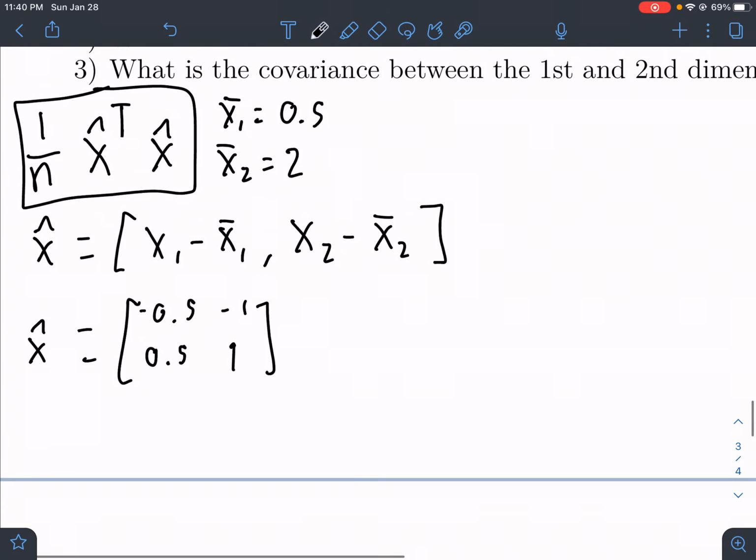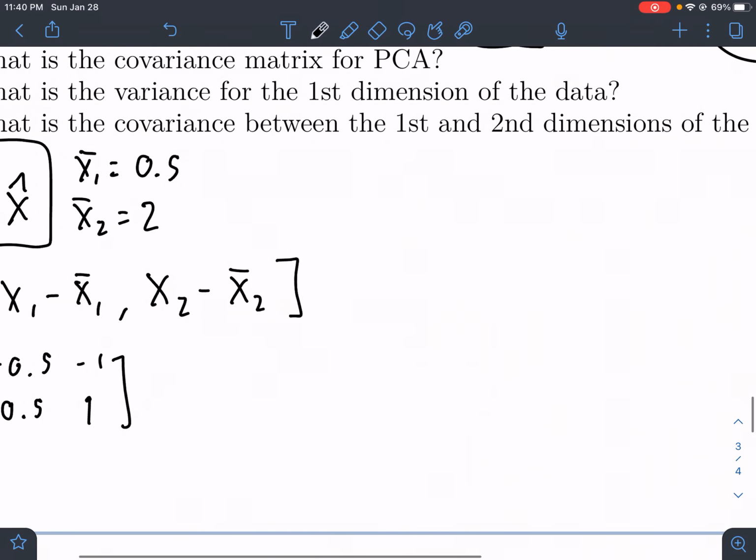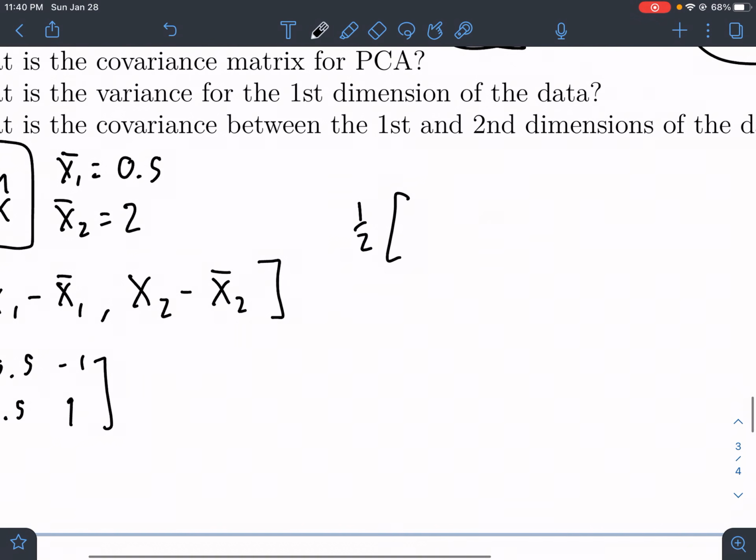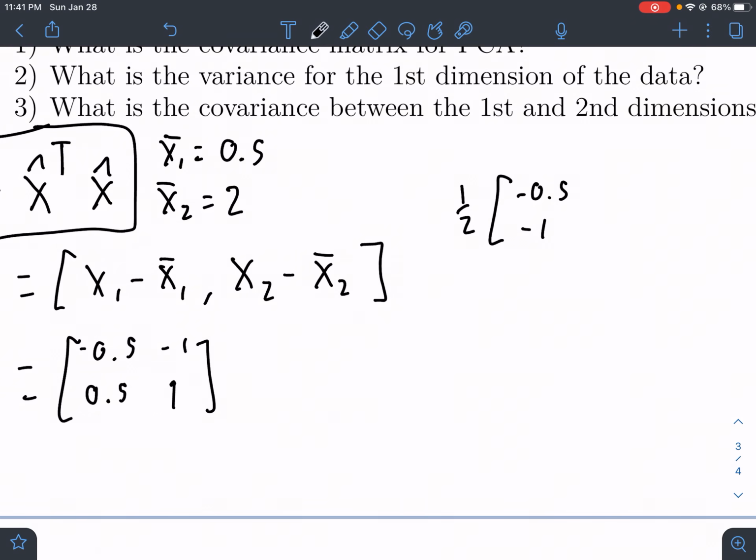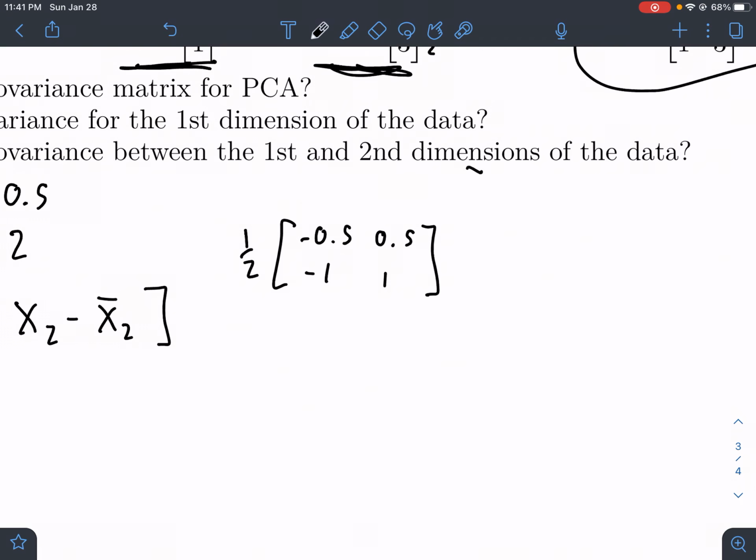Alright, now we're going to perform our math, so we have to do 1/2 times 0.5, negative 1, 0.5, 1, because this is x hat transpose. Then I'll do the normal matrix up here.